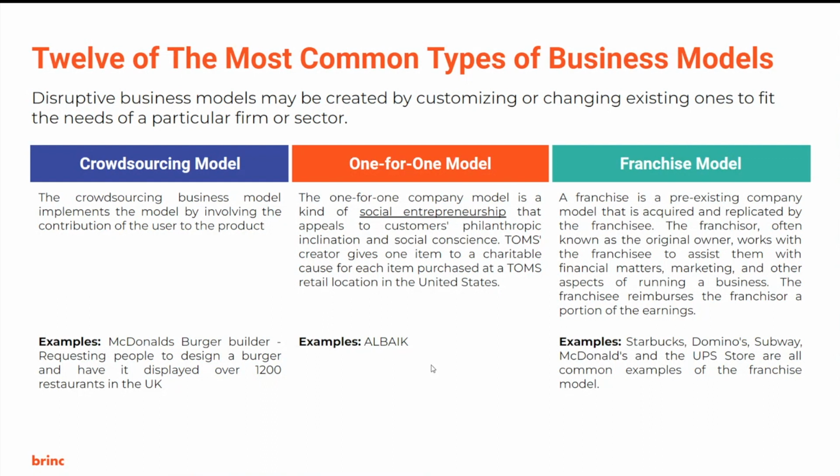I'm pretty sure you know Al Baik restaurant that was very famous in Saudi, opened in Bahrain, and is now expanding to the GCC. Al Baik says it loud and clear, promises customers that if you buy any product from me, 1 riyal from that transaction is going to go to the poor.